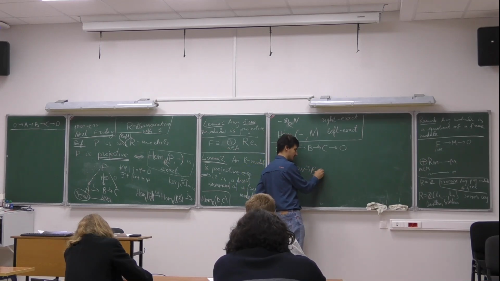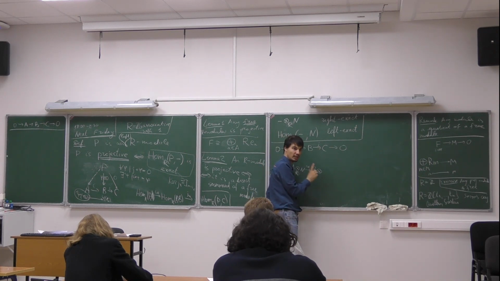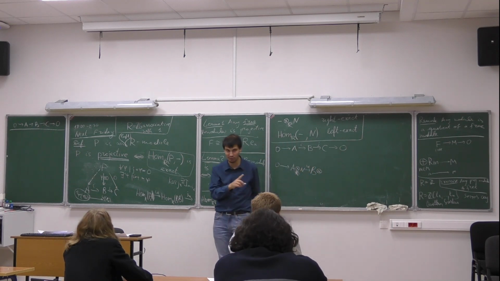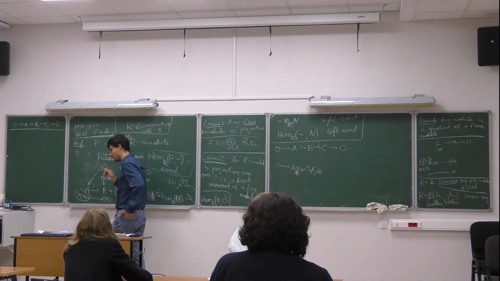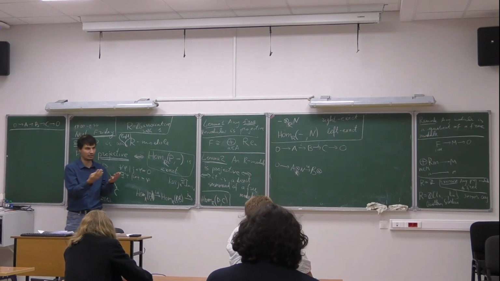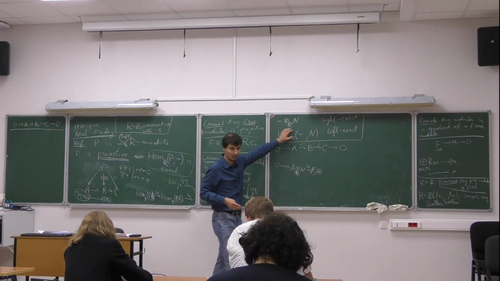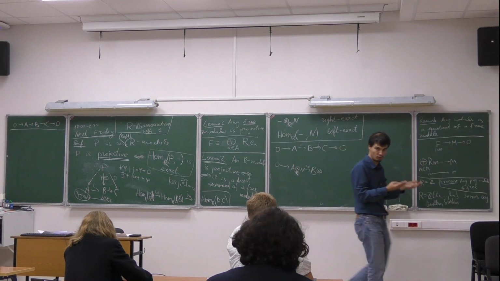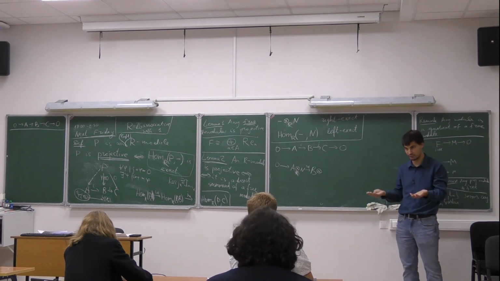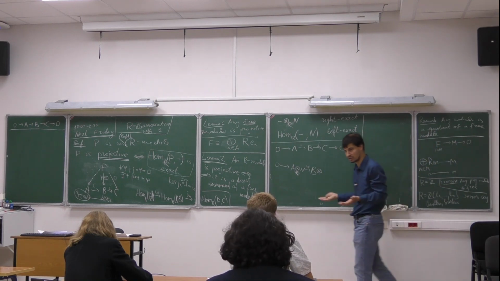This one is a sequence of R modules. This one is only a sequence of abelian groups. I recall that if we have a ring which is not assumed to be commutative, then we have no module structure on the tensor product, so this is just an abelian group.